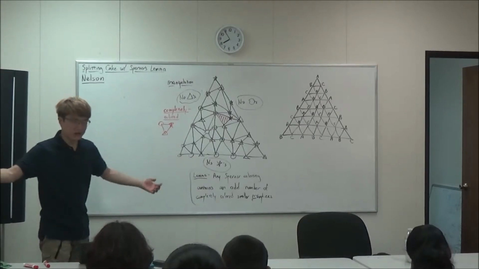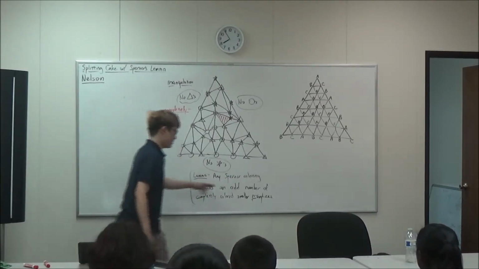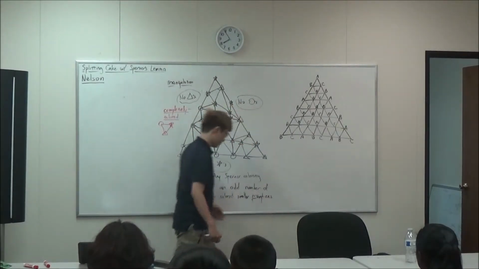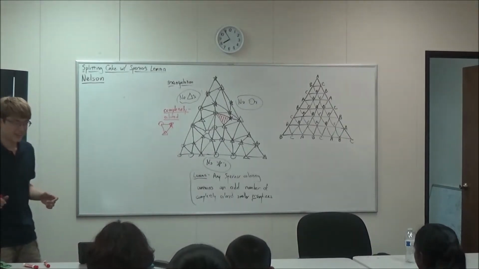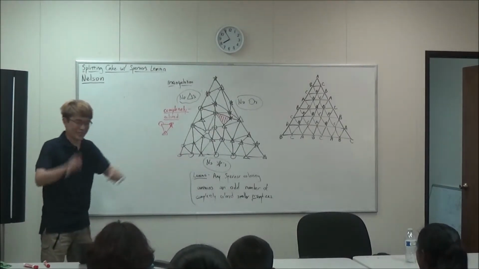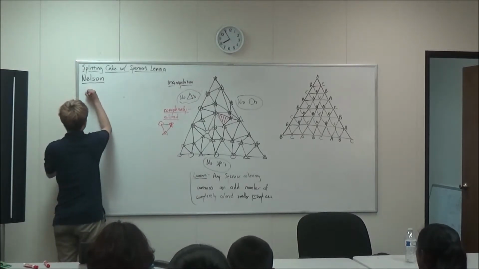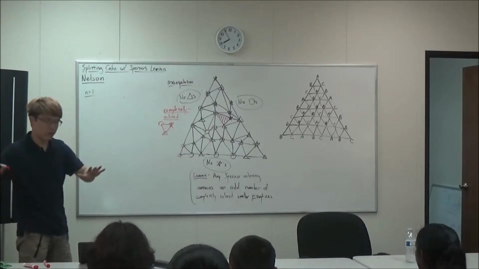So where should we start? If we want to show something for every whole number starting from something, what's our starting point? Start with 0. Start with 0, except a 0-simplex is really boring, it's just a point, so we're actually going to start with 1. So we're going to start with n equals 1. And this is something called a proof by induction.